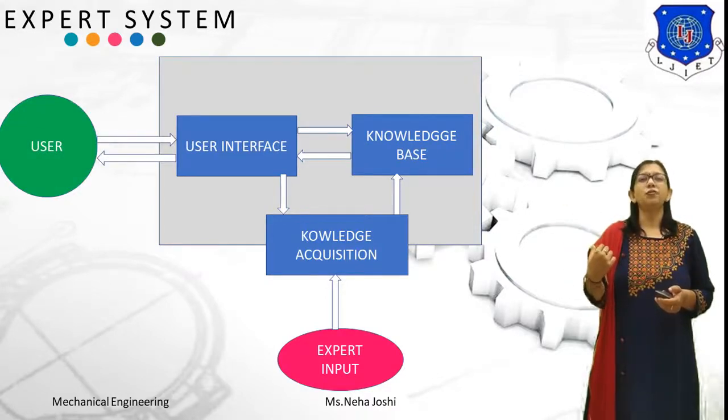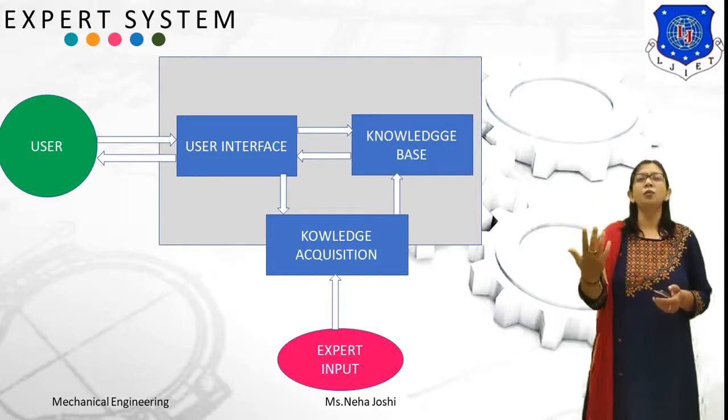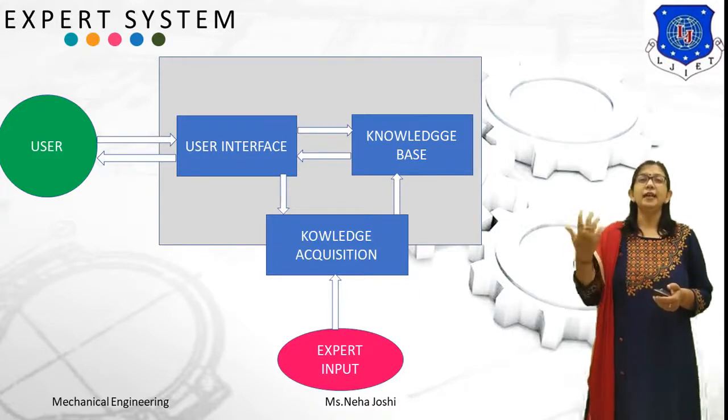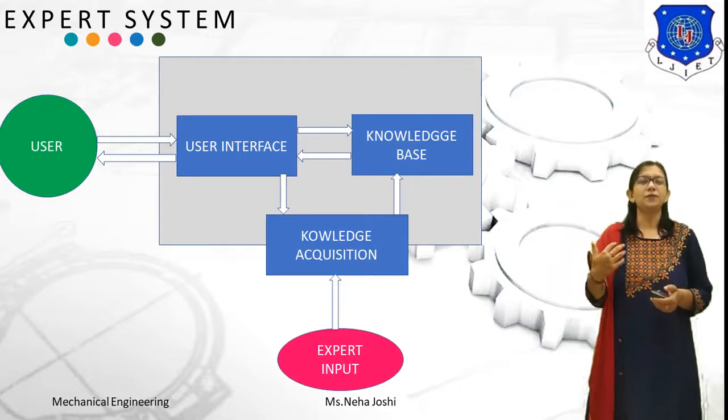Now what is the function of the knowledge base? The knowledge base is a part of the software system which contains the facts and rules of thumb a human expert would use in making decisions. Now what is the function of the inference engine? The inference engine extracts the information from the knowledge base so as to help the user in making decisions. And the last one is knowledge acquisition.